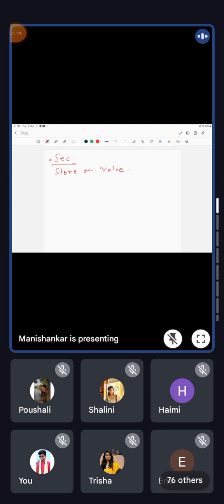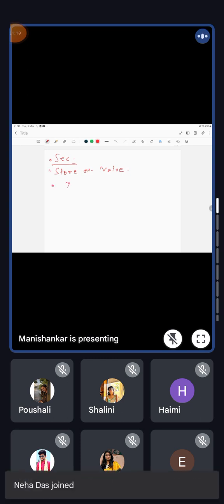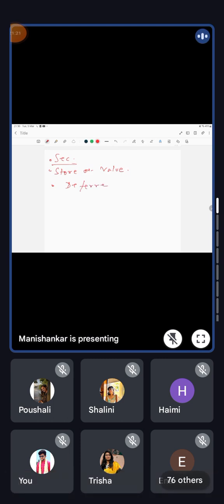Okay, then another one is basically deferred payment. So deferred payment means when you take a loan from the bank, then at the time of payment, at the end of the month, you have to pay.